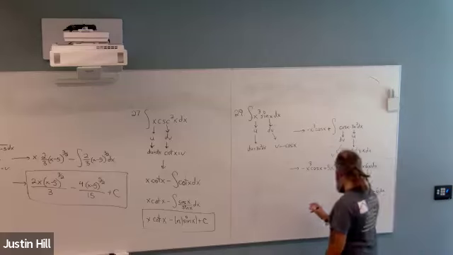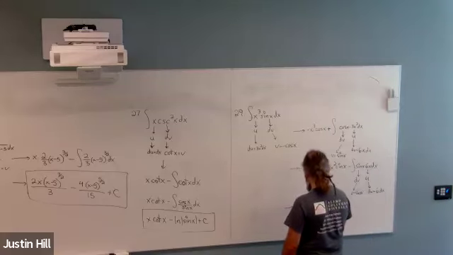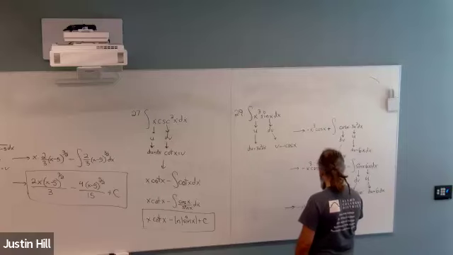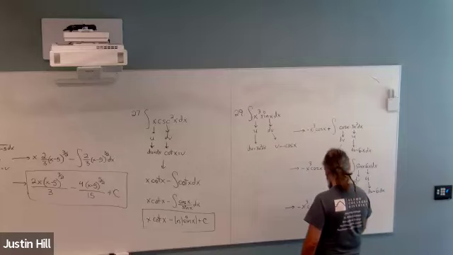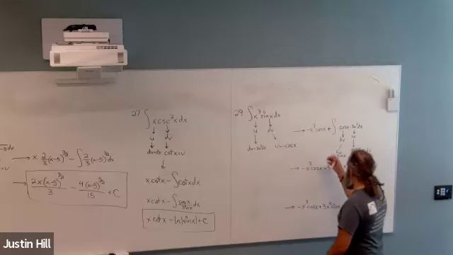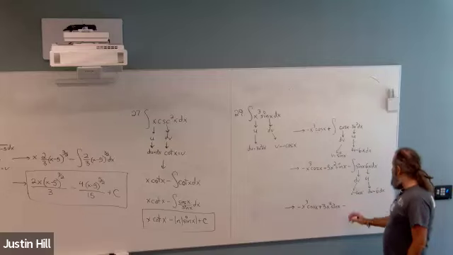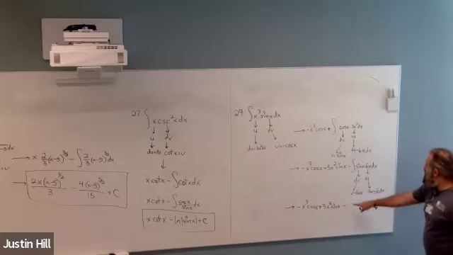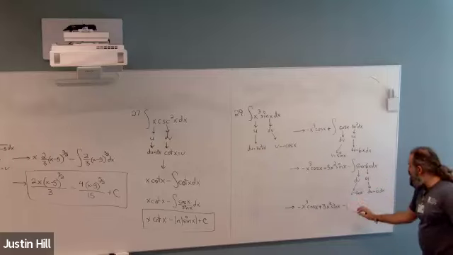So then what I have is negative x cubed cosine of x plus 3x² sine of x. So that's the legacy part of that problem from the previous two integration by parts steps. Then it's going to be minus, and now it's going to be the integral of uv.